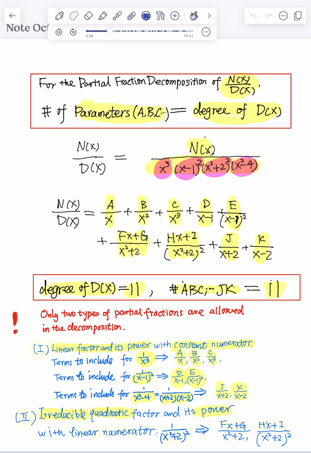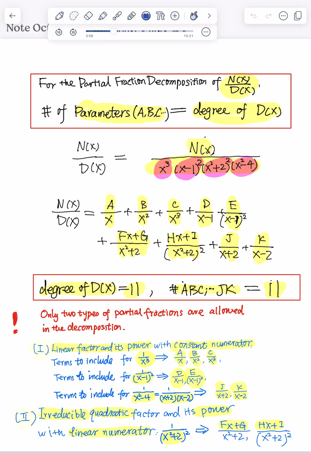By irreducible, we mean for this x squared plus 2, you cannot further break it down into linear factors because this quadratic has no real zeros. And for this irreducible quadratic factor, we should use linear numerator. That's fx plus g and hx plus i.